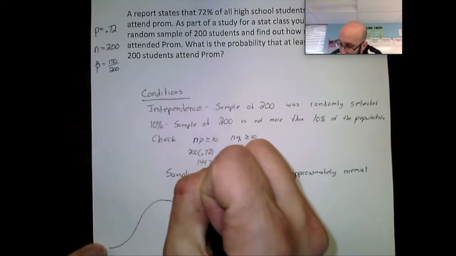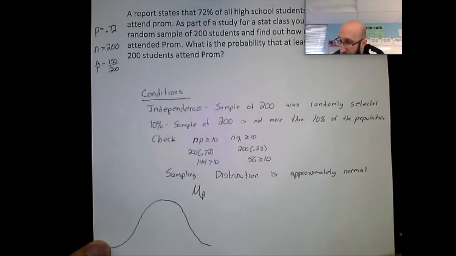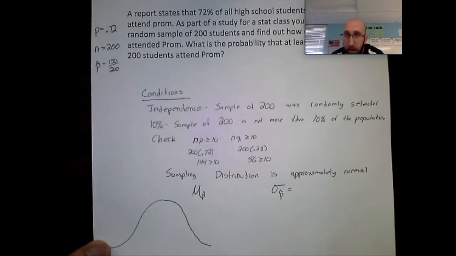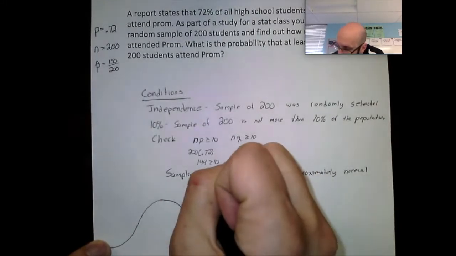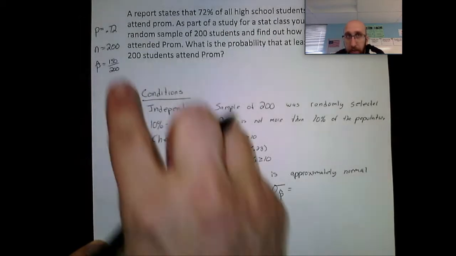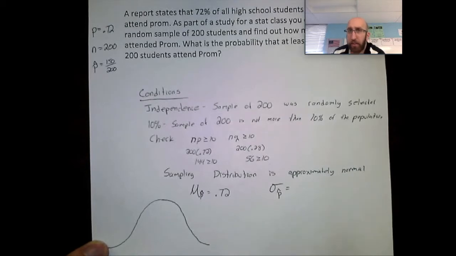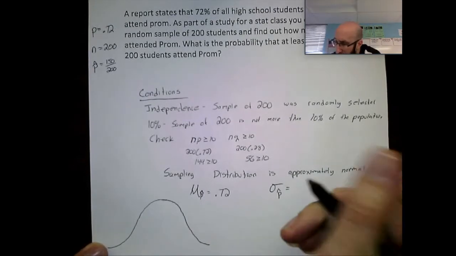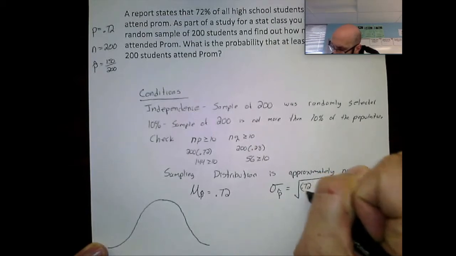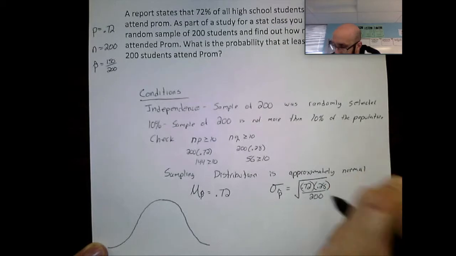Let's find the center of this sampling distribution of sample proportions, so mu of p hat. And let's also find the standard deviation, which is sigma of p hat. What we know is the center is always p. So the center of my sampling distribution is p, which we said earlier was 0.72. To find the standard deviation of a sampling distribution of sample proportions, it's the square root of p times 1 minus p, which is the same as q, divided by n, which is 200.